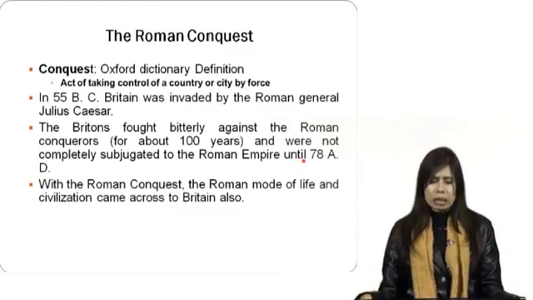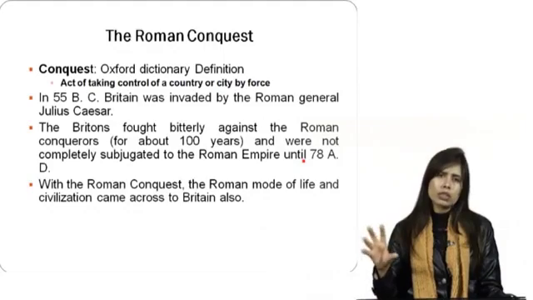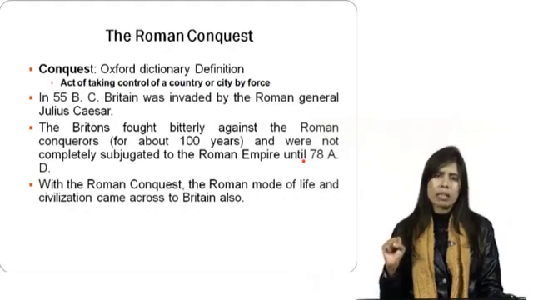The Britons fought bitterly against the Roman conquerors for about 100 years. So this was a 100 years war, and it is of very much significance in the history of English literature as well, because it has a clear influence on the literature of those times.